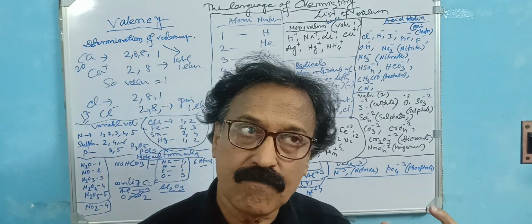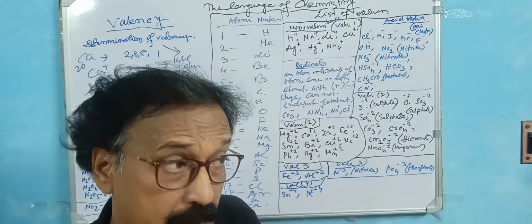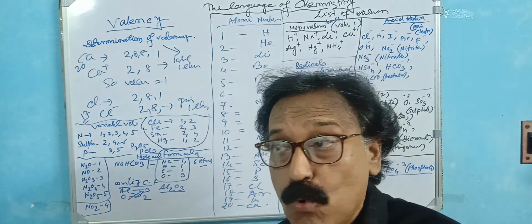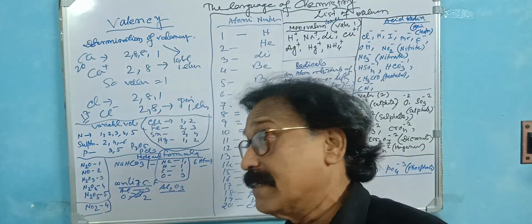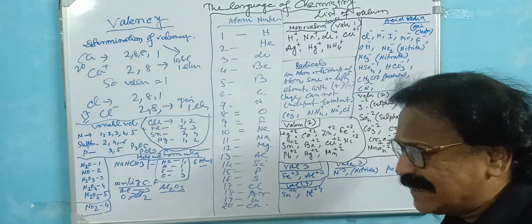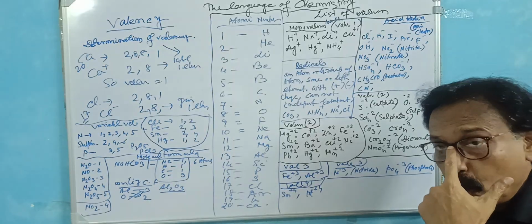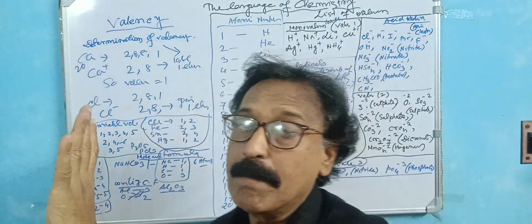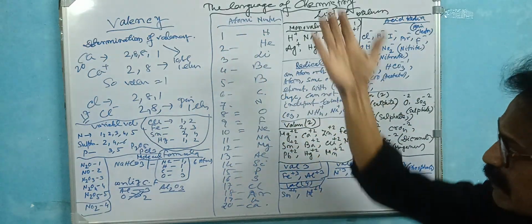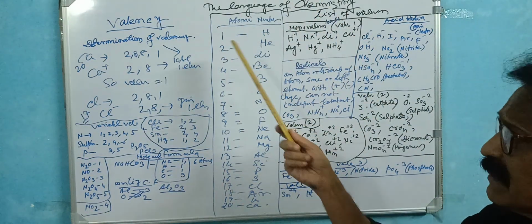In the case of elements, be conscious: each and every element has a particular atomic number. From this, the periodic table was developed. For classes up to 10, remember the atomic numbers 1 to 20. Always remember. I am writing them down here; you should also write them in your book.